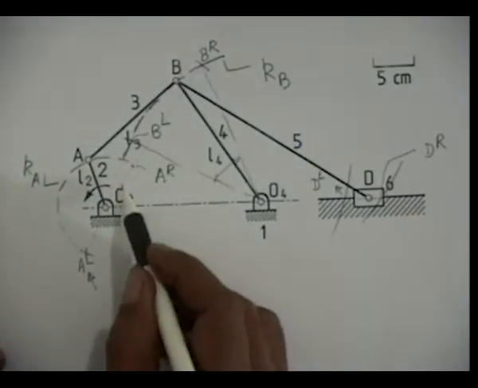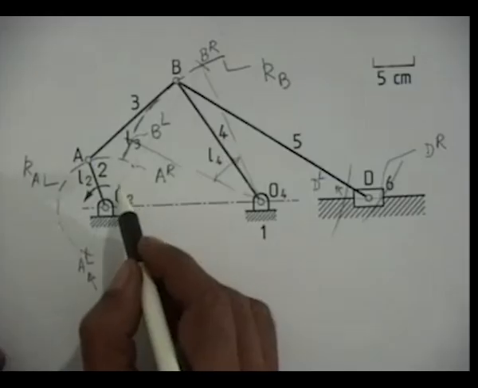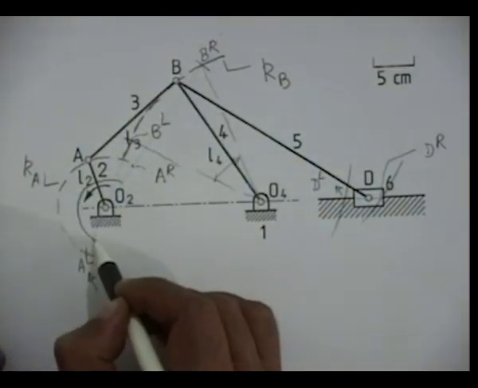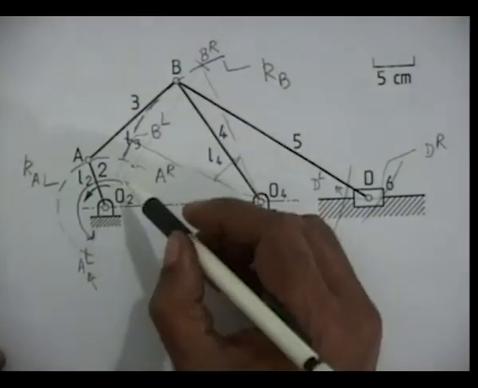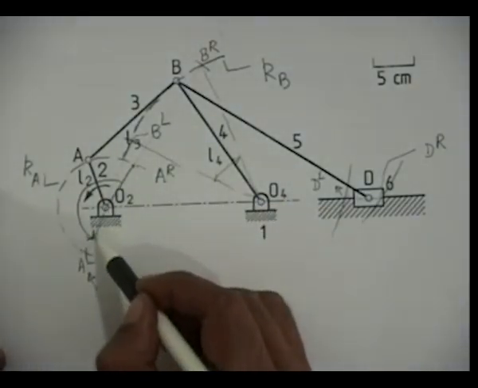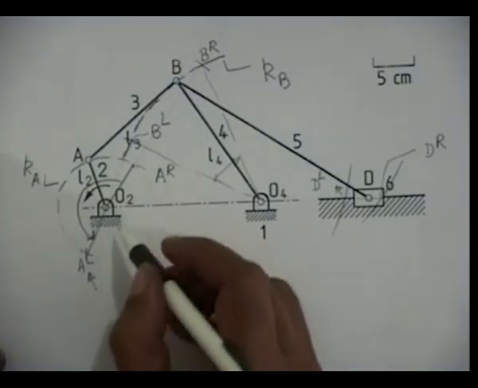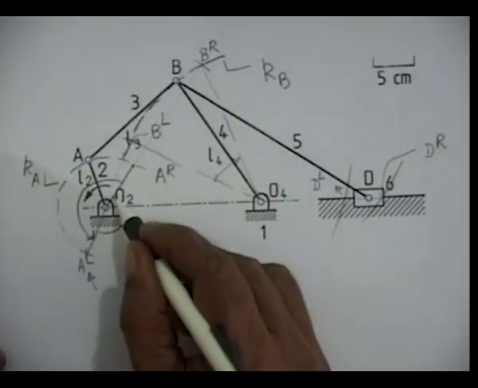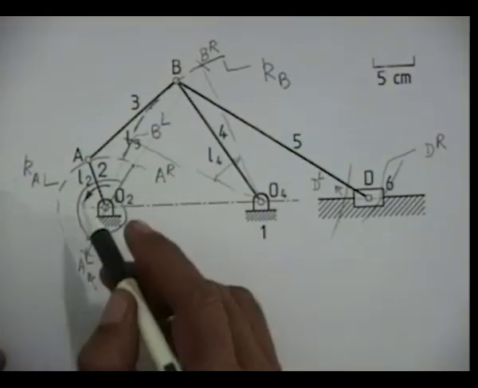As the link rotates uniformly from right to left, the rotation of O2A is given by this angle, that is the angle between O2AR and O2AL. And from left to right, the rotation of the same link 2 is given by this angle, that is 2 pi minus this.